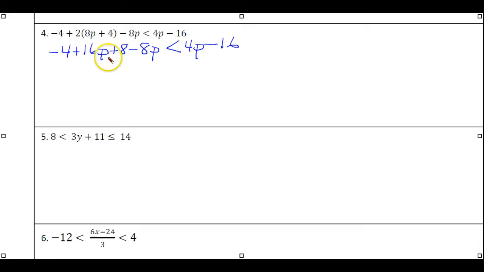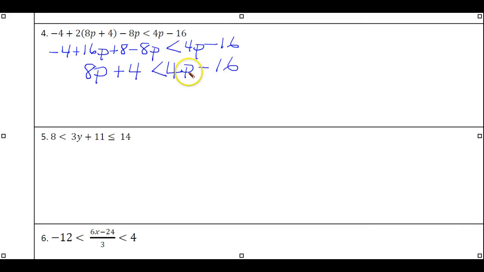We're now going to group like terms. We have a positive 16p and a negative 8p gives us a positive 8p. We have a negative 4 and a positive 8 gives us a positive 4. And now we have it in the form we like to have it in.